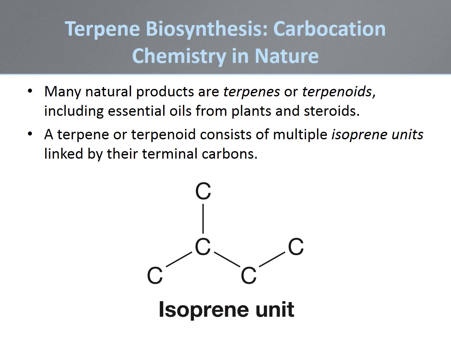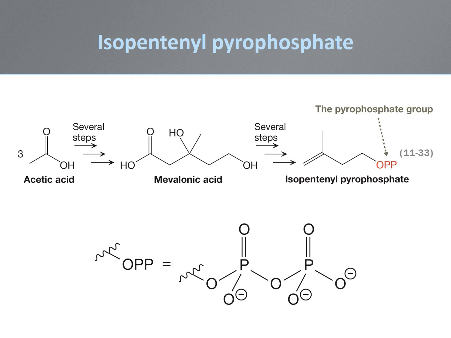Terpenes are biochemicals which contain a carbon skeleton comprised of linked isoprene units. Terpenes were briefly discussed earlier in the semester in our review of lipids. Terpenes are not directly biosynthesized from isoprene, the common name for 2-methyl-1-butene.